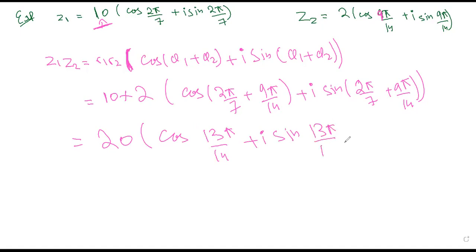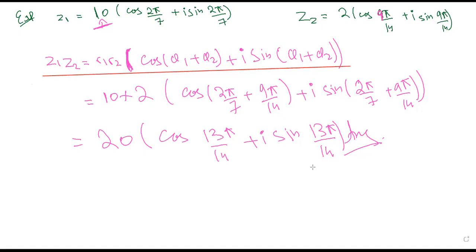Yes, okay. So this is how you multiply two complex numbers. And what do you see? That when you are multiplying two complex numbers, you are getting a complex number again, right? Yes. This is also a complex number because we have iota in it.